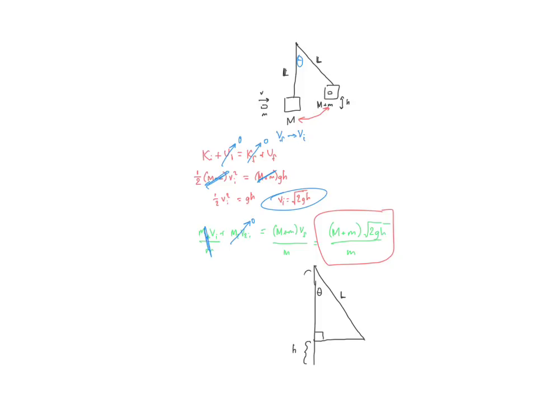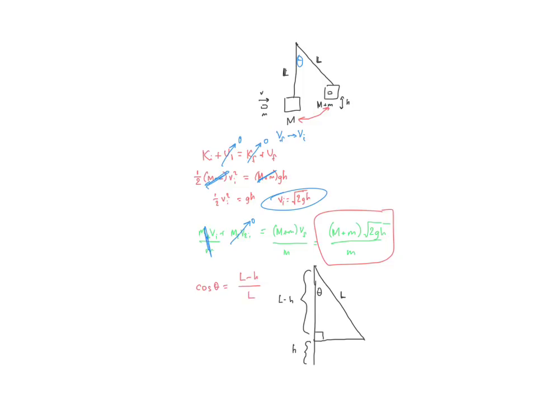So that side of the triangle from here to here is L minus H. And now we can use a trig function on this angle because we know the adjacent side of this triangle, L minus H, and we know the hypotenuse, which is L. So because we know the adjacent side and the hypotenuse, we can use the cosine function. Cosine of theta is equal to L minus H over L.